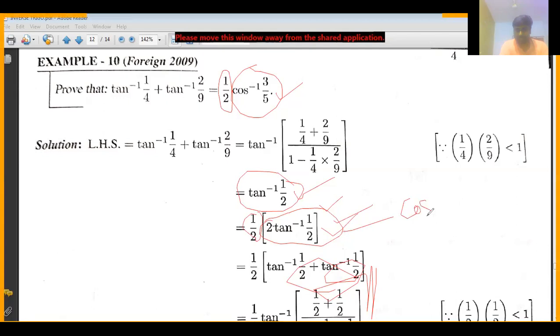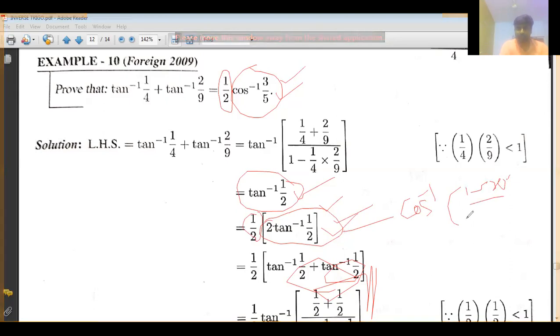What is that? Cos inverse of 1 minus x square by 1 plus x square we can write. Because why cos inverse? We need the result in cos inverse only. Okay, so directly we can do that.